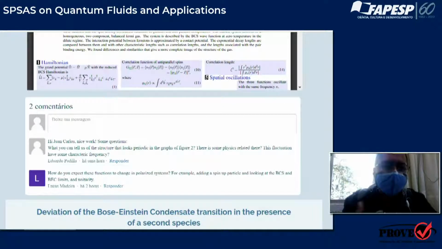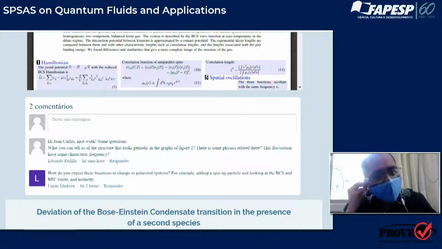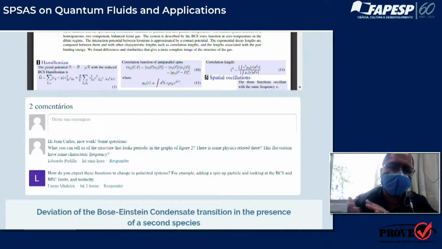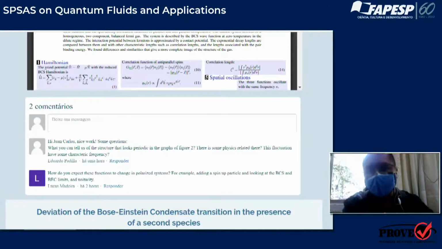And well, we associate that distribution of particles in the wave vector space to be a physical explanation of how the oscillations appear in the space representation of the correlation functions.